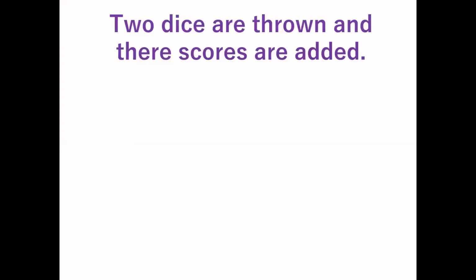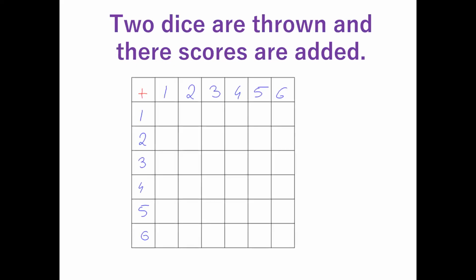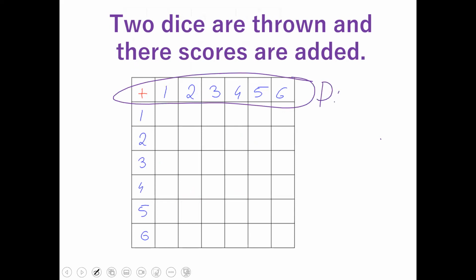For example, 2 dice are thrown and their scores are added, just like when you play with 2 dice. So look at this, this is called a possibility space diagram. I have shown 1, 2, 3, 4, 5, 6 as one die. This is die 1.